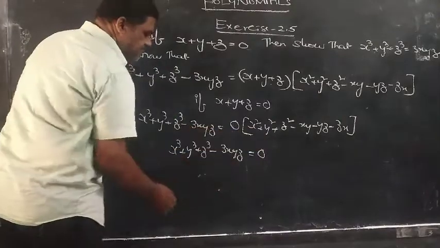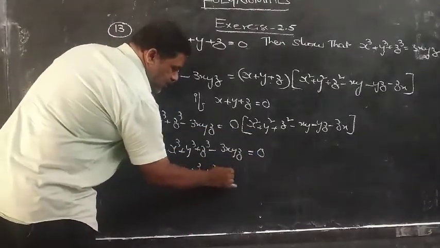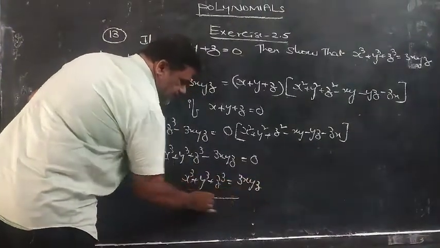Sending minus 3xyz to the other side, x cube plus y cube plus z cube is equal to plus 3xyz.